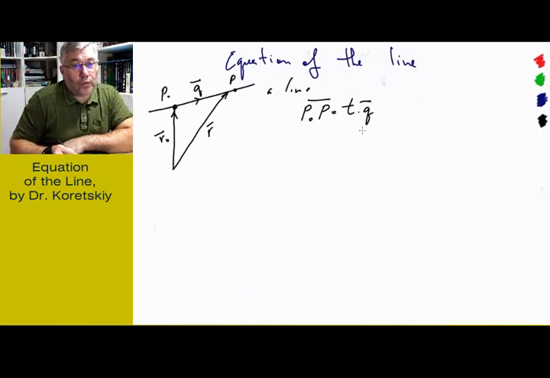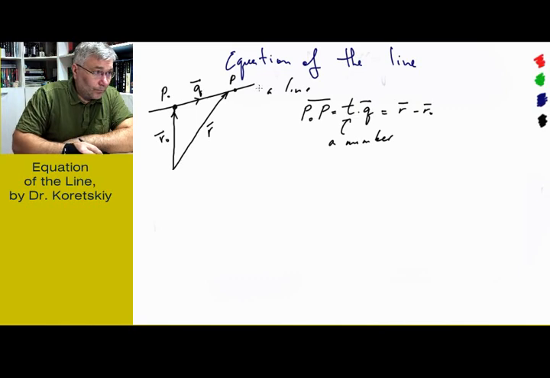So you remember this product of a vector by a scalar. t is a number, and this t times q is equal at the same time to r minus r0.